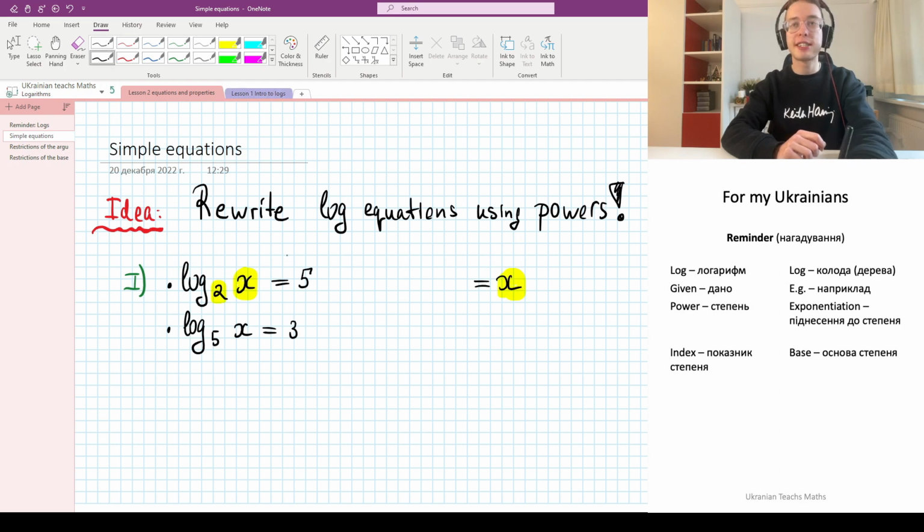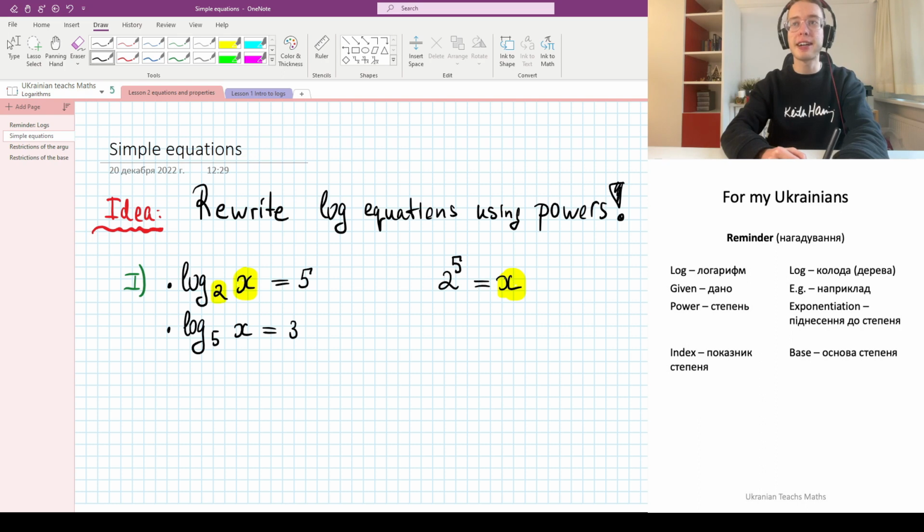So this is the number that I get as a result of exponentiation. Okay, next I have the base of a logarithm, which is also the base of a power. So this is the number 2 on the bottom. And I have here the number 5. What is log itself? The whole log is the exponent or the index of a power. So if we say that 5 equals the index of a power, this means that we must put this 5 in the index because it is equal to the index.